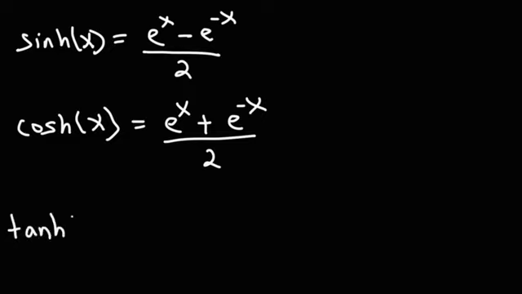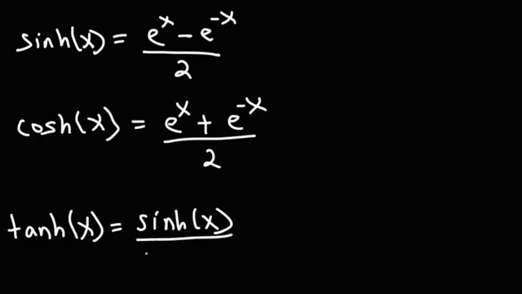Now, hyperbolic tangent is equal to hyperbolic sine divided by hyperbolic cosine, much in the same way as the regular tangent function is sine over cosine.